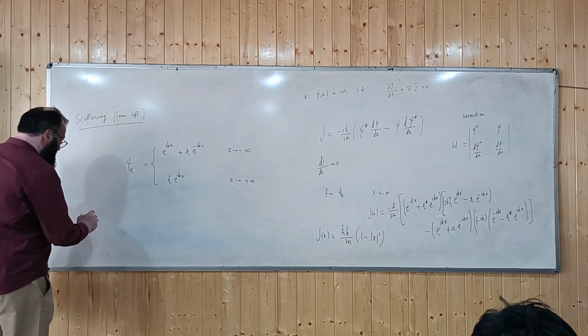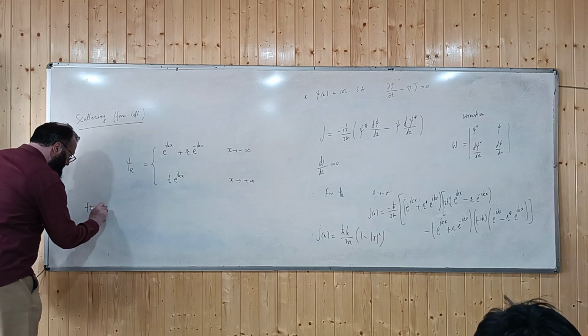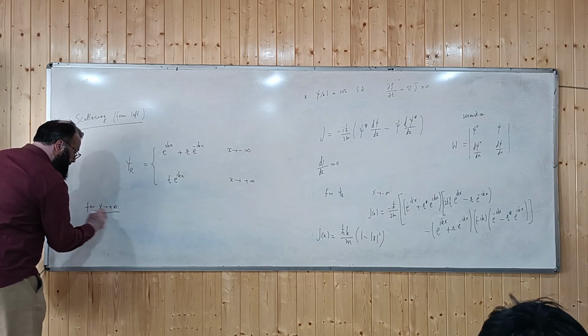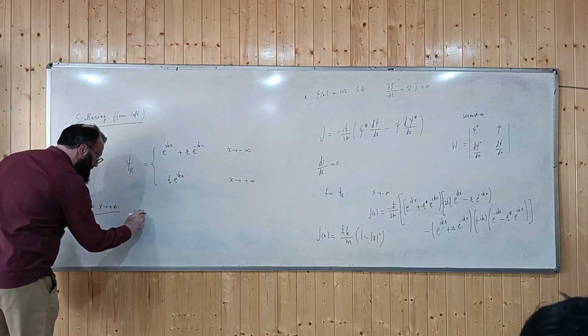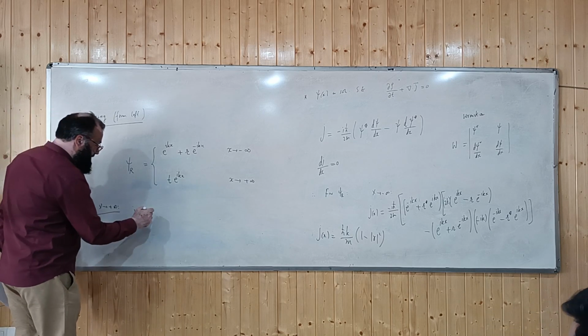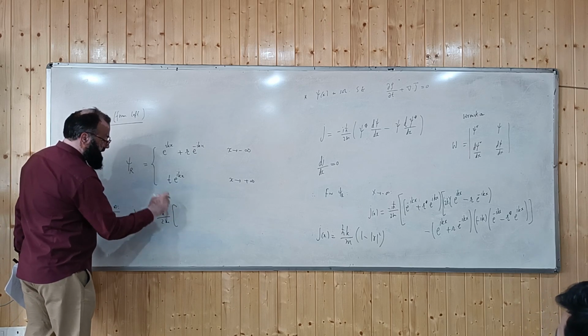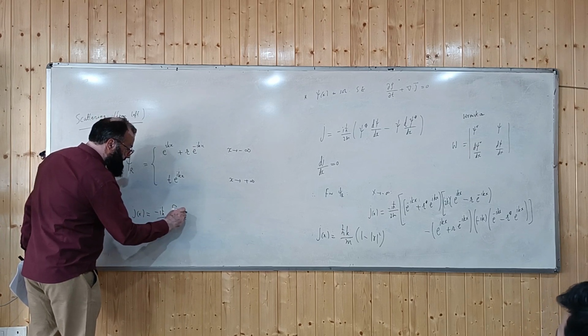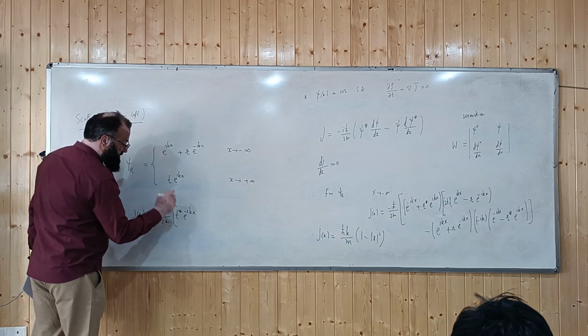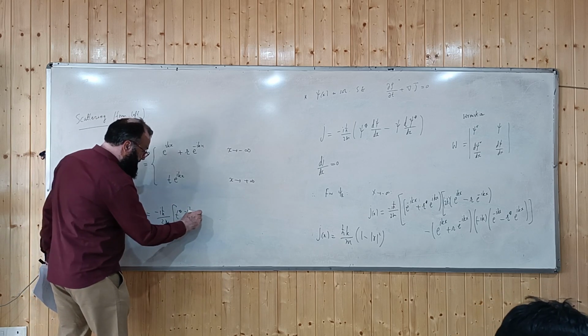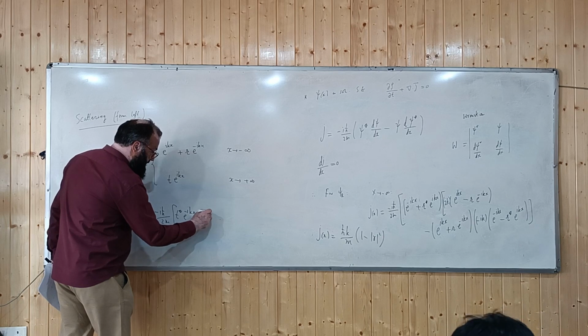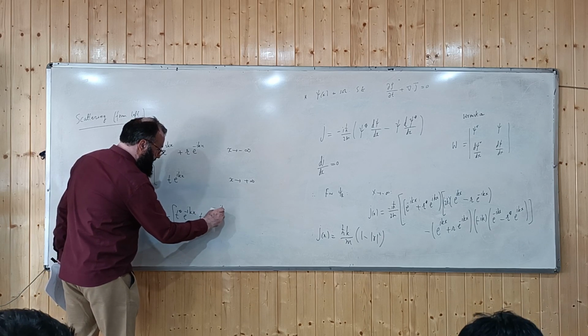Now let's calculate for the right side, for the x tends to plus infinity region. So what is your J? Let's calculate J for this region. It's minus i h cross by 2m. Psi star is simply T star e raised power minus ikx. Now d psi by dx is T, ik e raised power ikx.